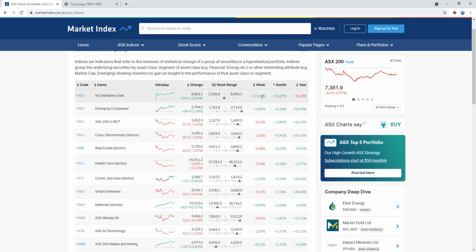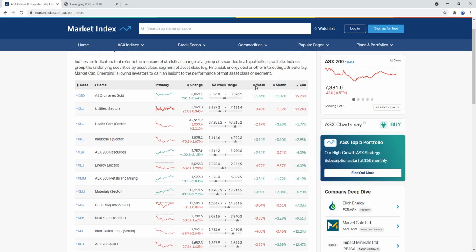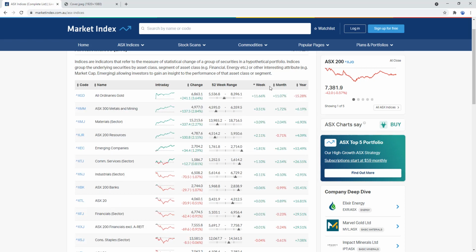You can see from this data that the gold miners were the worst performing index for the past year, but for the recent week and month they have become the top performer. So it might indicate the trend is reversing. Maybe the XGD could be the best performer next year, who knows? So basically you can get this sort of information from those sources.